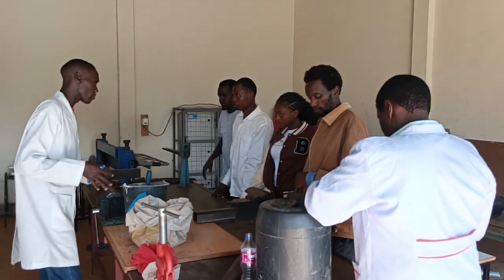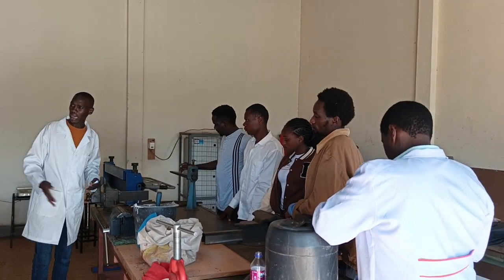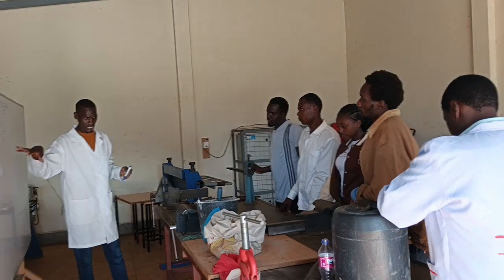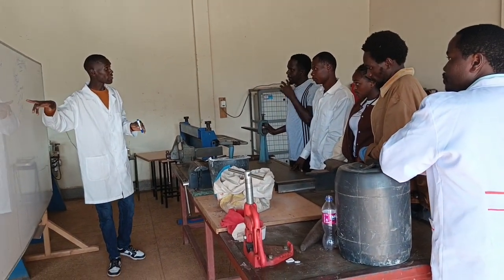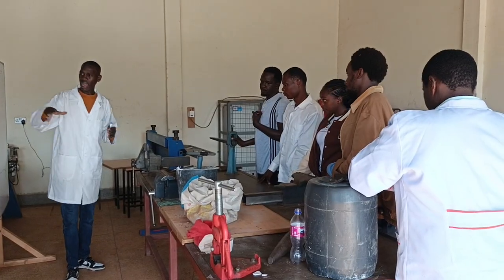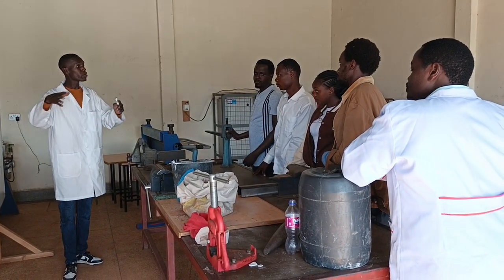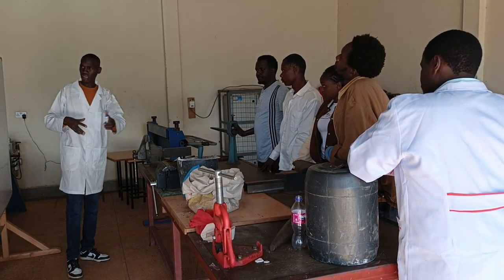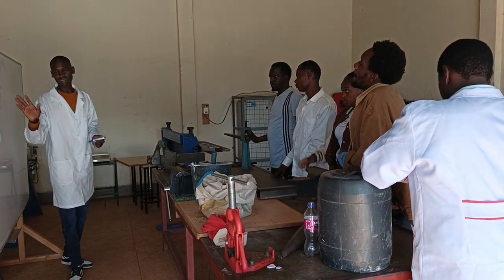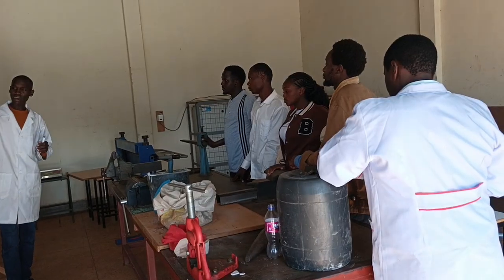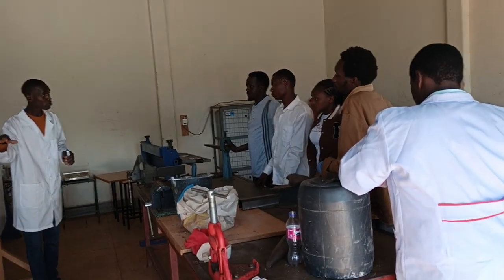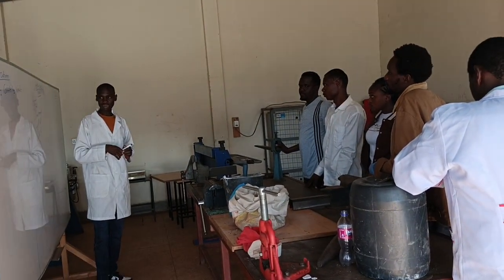I'm going to demonstrate the weighing by the use of this ratio. I will measure cement, 500 grams. For the sand, I'm going to measure 1,000 grams. And for the coarse aggregate, which is the ballast, I'm going to measure 2,000 grams. That should give us a ratio of 1:2:4. Right?